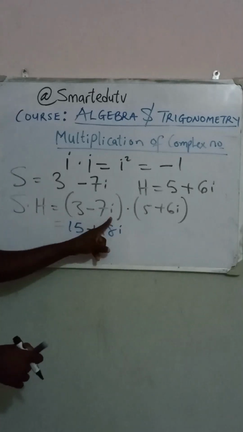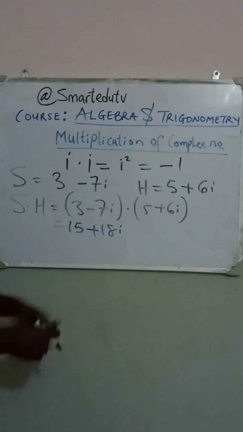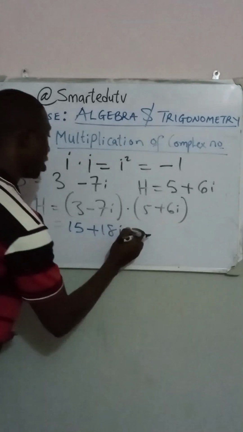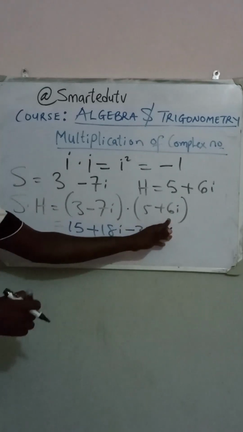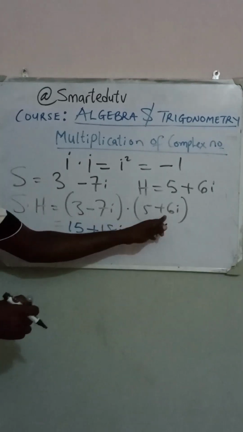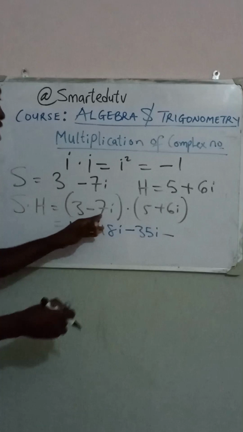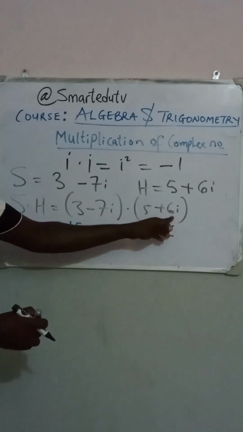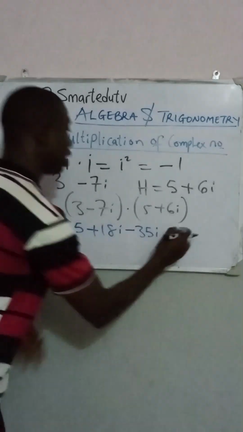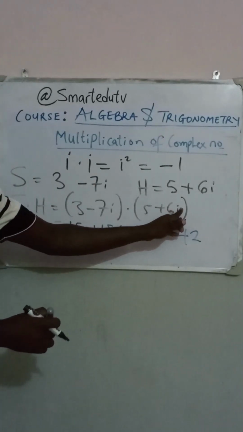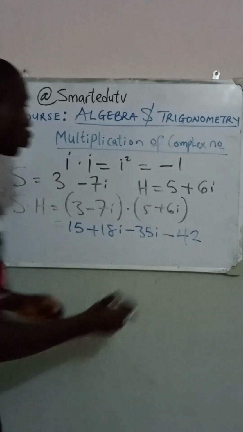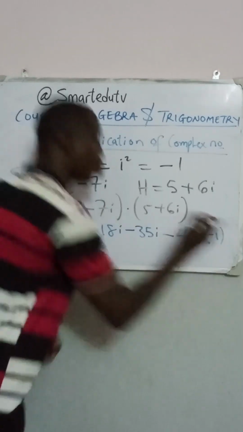Also, minus 7I multiplying 5 gives minus 35I. Also, minus 7I multiplying plus 6I: minus times plus gives minus, 7 times 6 gives 42, and I multiplying another I gives I squared, and I squared is -1.